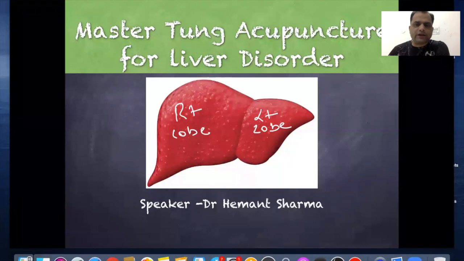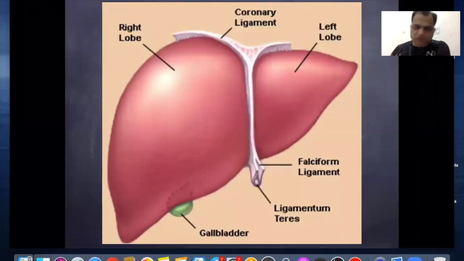The liver is mainly placed on the right side, below the ribs, and just here we have one structure called the gallbladder. The gallbladder is the structure we can see in this image that collects the bile juice. So this is the right lobe and the left lobe. The liver is made of two lobes.